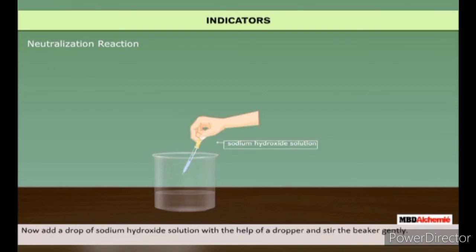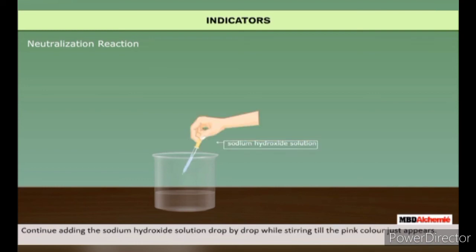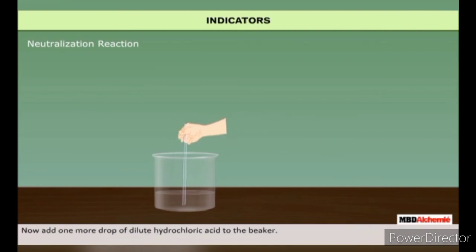Now, add a drop of sodium hydroxide solution with the help of a dropper and stir the beaker gently. Observe the color again. You will observe that there is no color change again. Continue adding sodium hydroxide solution drop by drop while stirring till the pink color begins to appear. Now add one more drop of dilute hydrochloric acid to the beaker.